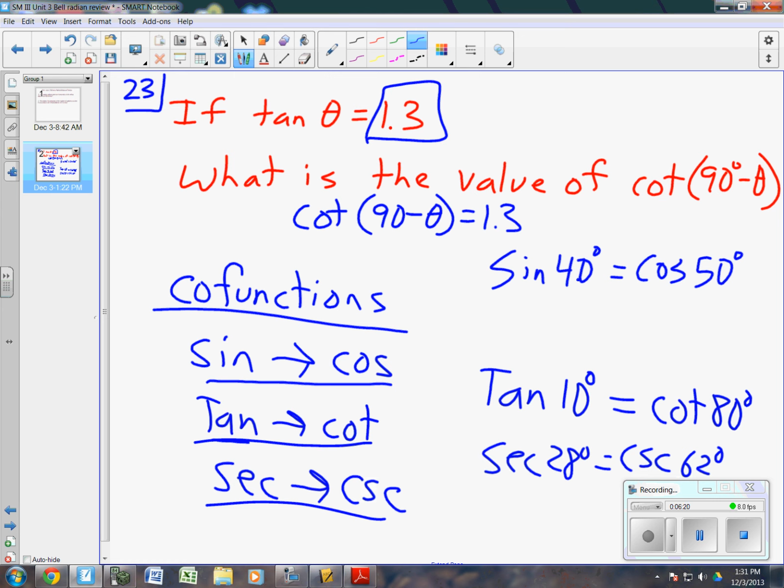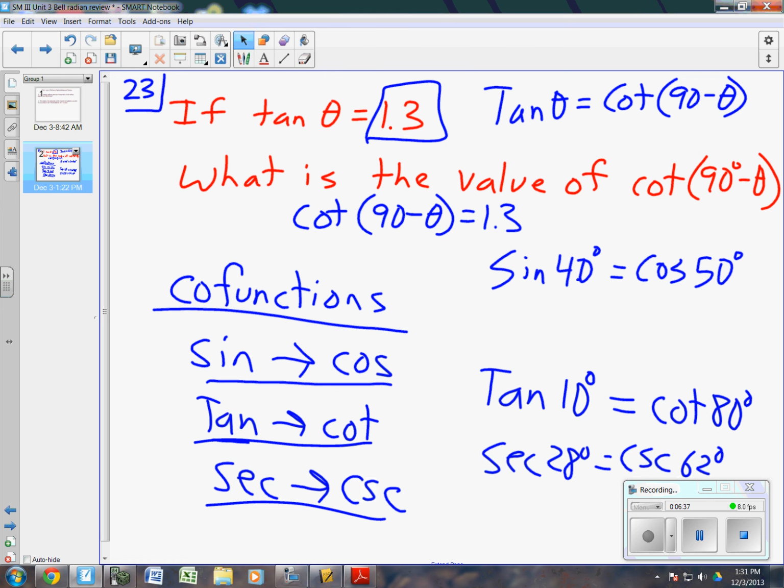It's just like saying the tangent of theta equals the cotangent of 90 minus theta. Instead of saying it that way, we gave a value for tangent theta as 1.3. So this one's also 1.3. We spent enough time on that one because it's really not that important.